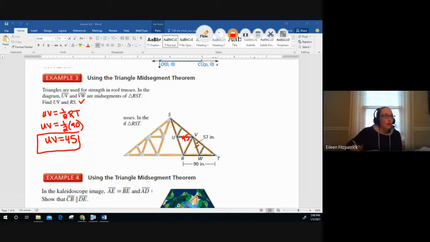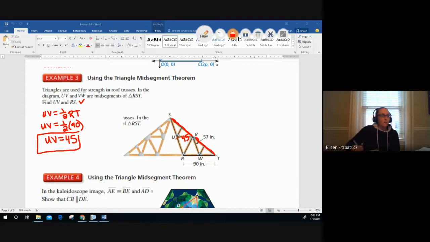Well, where is RS? RS is this length here. How are we going to figure that out? Notice you're given VW. Keep in mind we said that V was the midpoint of this side. So this segment here is congruent to this segment here.